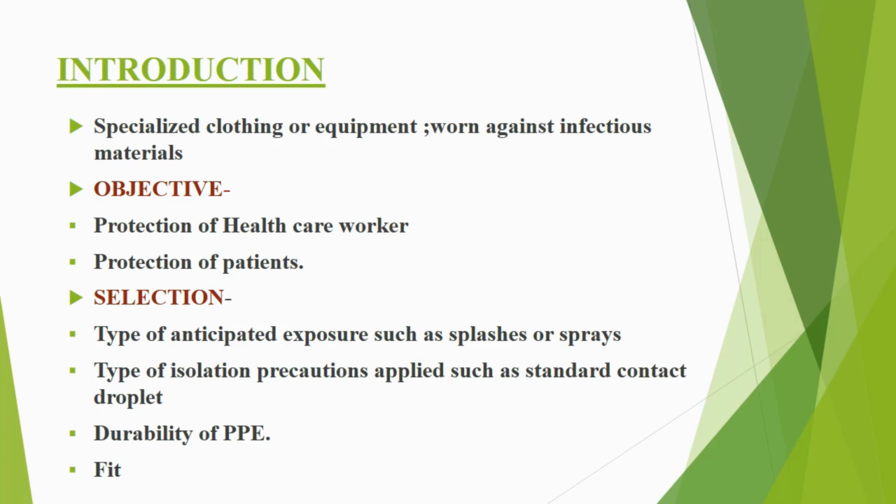It is also based on the route of transmission of suspected organisms, which can be either by contact, droplet, and inhalation, or as a part of transmission based precaution. It is also based on the durability of the PPE and how it is fitting while wearing.